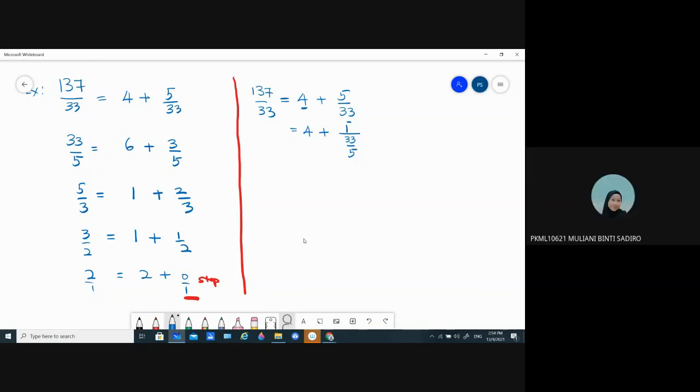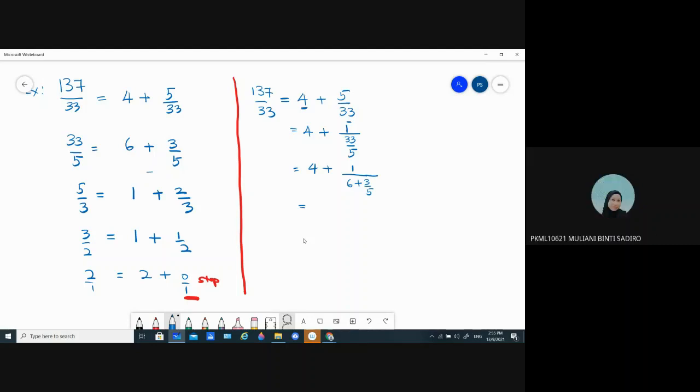Yes, madam. It is correct, right? I can also write it like this. And I know from what I've done on the left-hand side that 1 over 33 over 5 is 6 plus 3 over 5. So I can write here 6 plus 3 over 5. Correct? You can follow until here? Yes.